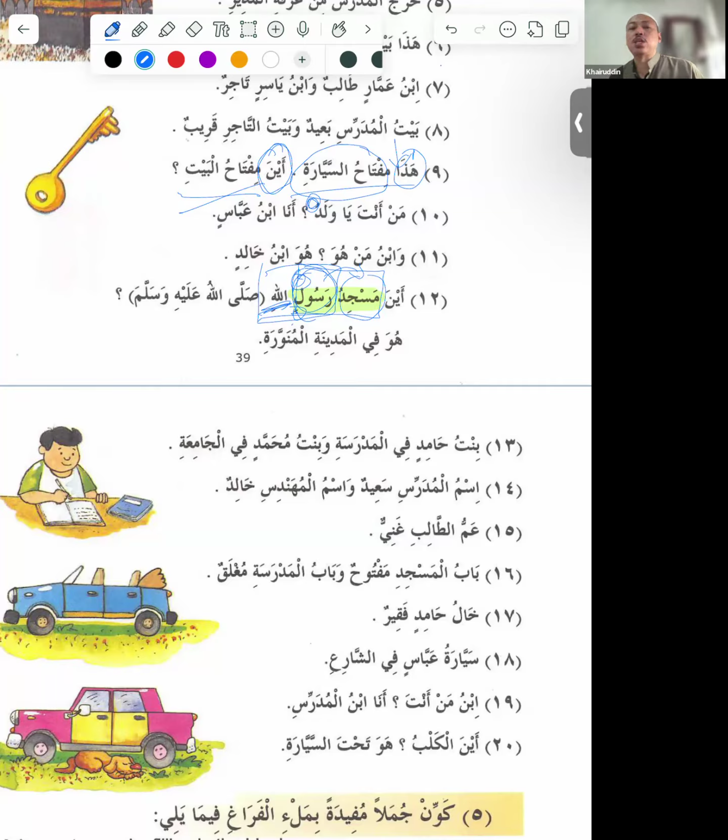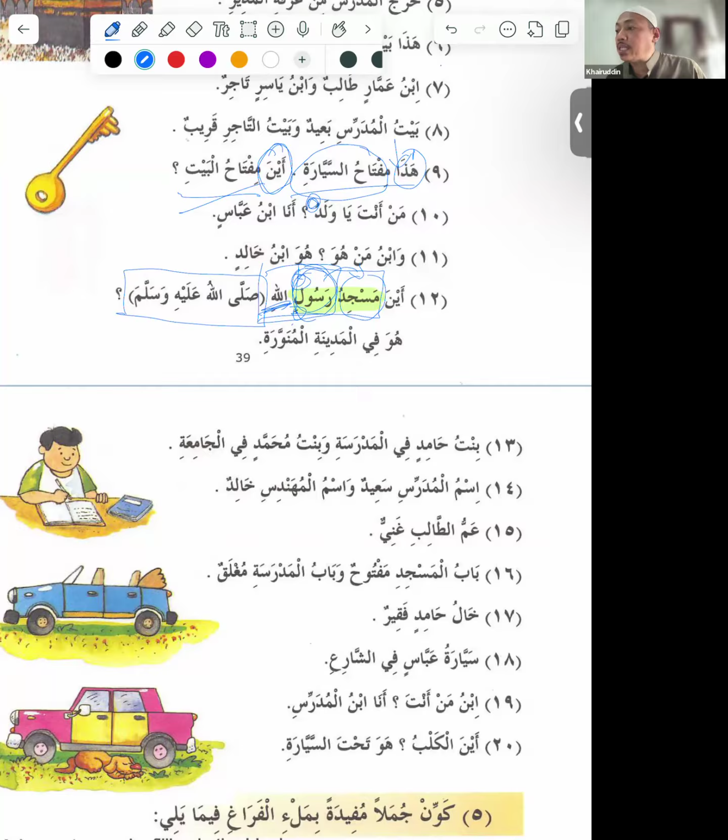Aina masjidu rasulillahi. And then the author puts in the salawat upon Rasulullah sallallahu alaihi wasallam, peace be upon him. This, sallallahu alaihi wasallam, is a verbal sentence, a jumlah fi'liyah. Why?